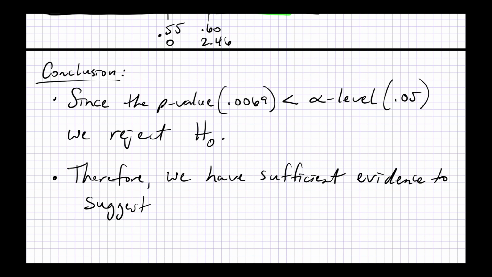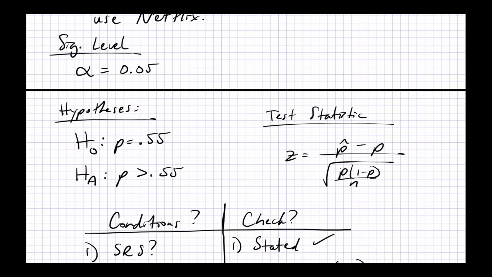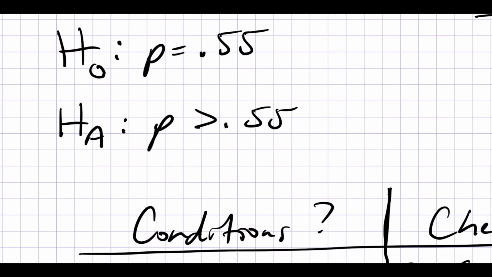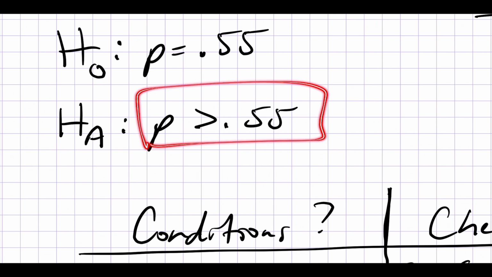We said the alternative in numbers and symbols, but we need to say it in words. So the alternative is p is greater than 0.55. How do I say that in words? Instead of saying p, I say what p actually stands for.